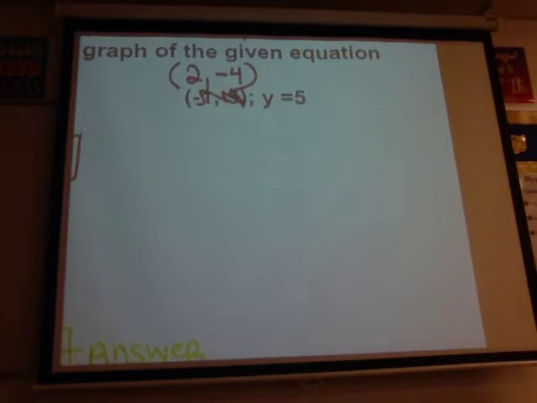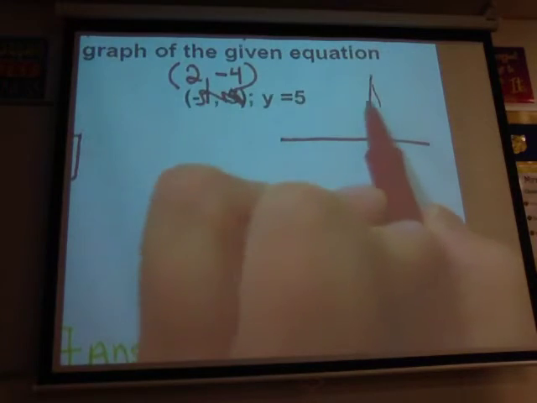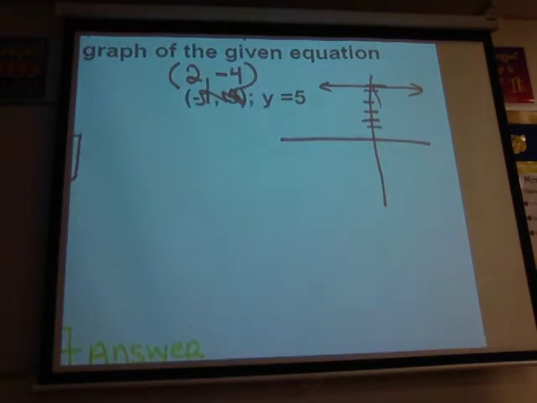If I want a parallel line of y equals 5, tell me what kind of slope y equals 5 has. If you're not sure, sketch it out. Find y equals 5 on a graph and sketch it.